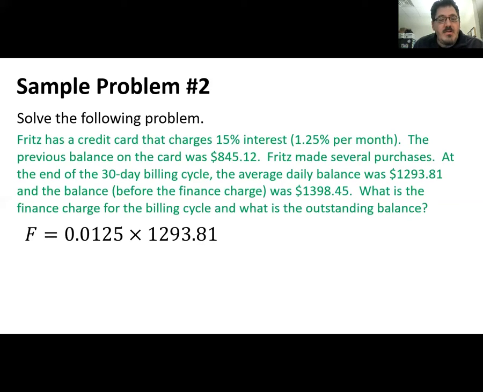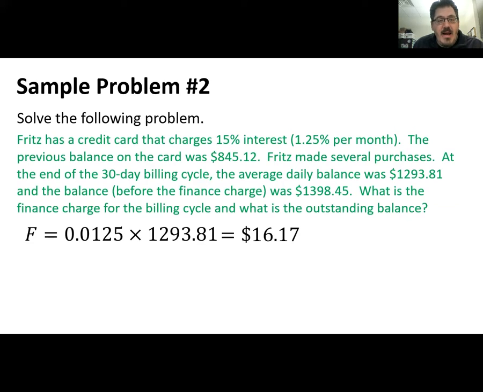So the average daily balance is going to be the number that we are going to use to base our calculation for the finance charge. But basically, we just take the interest rate for the month times the average daily balance. And when we do that, we get a finance charge of $16.17.